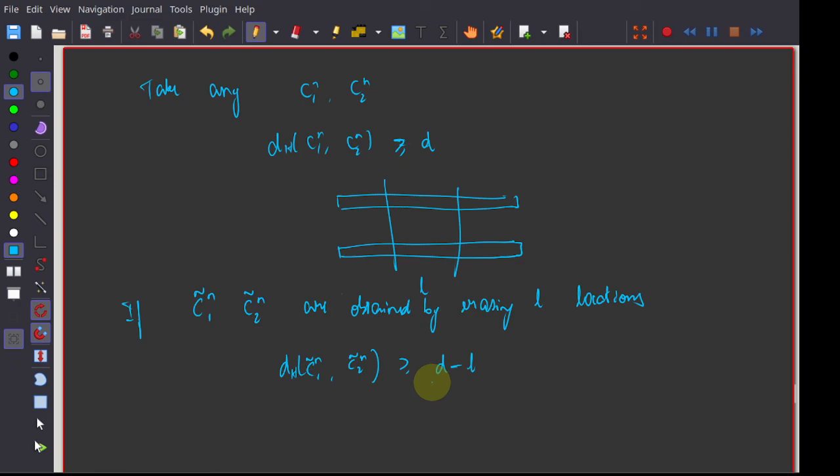So if the number of erasures is strictly less than d, then you can always recover the transmitted sequence, because there is going to be exactly one code word, the transmitted sequence, which differs in no locations at all. And for all other code words, there's going to be at least a 1-bit difference in the unerased locations.